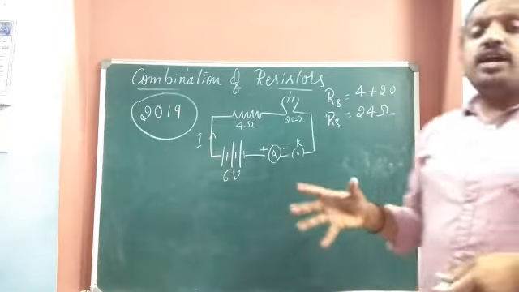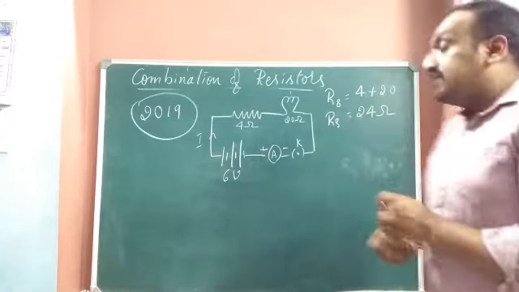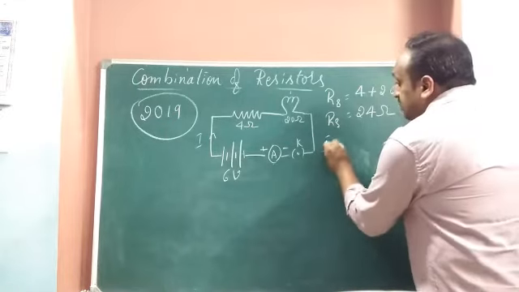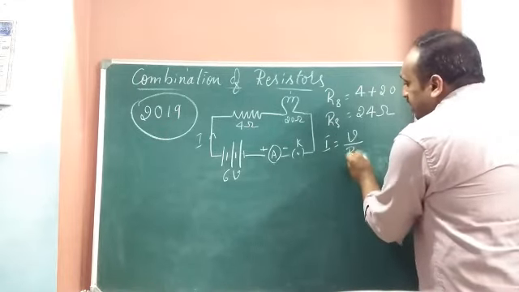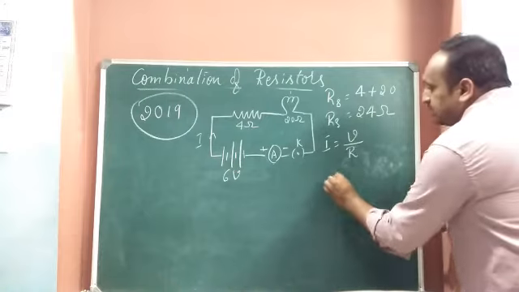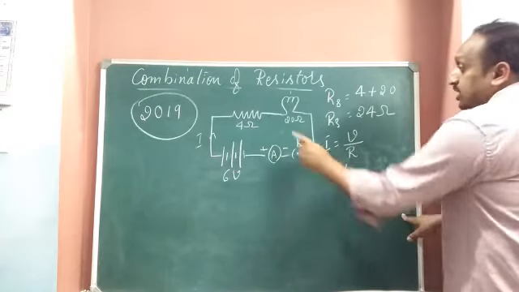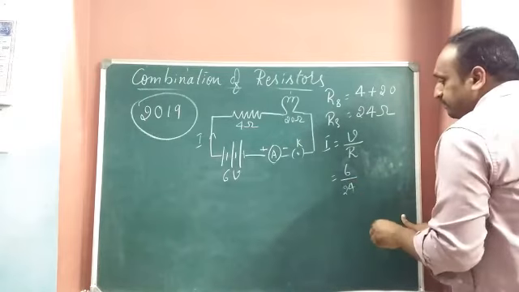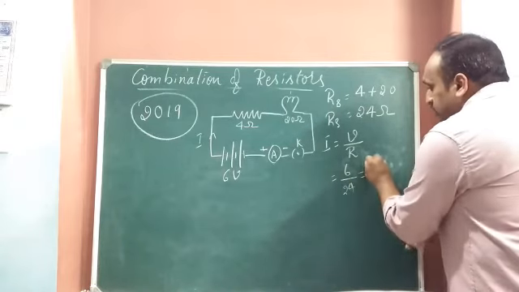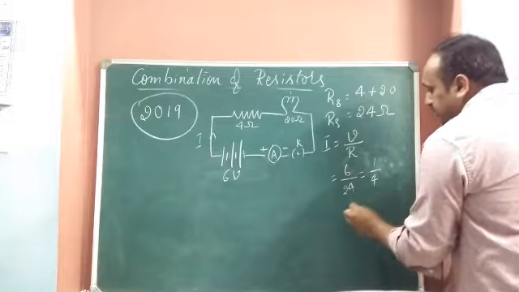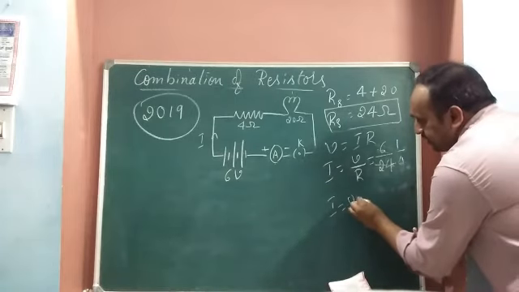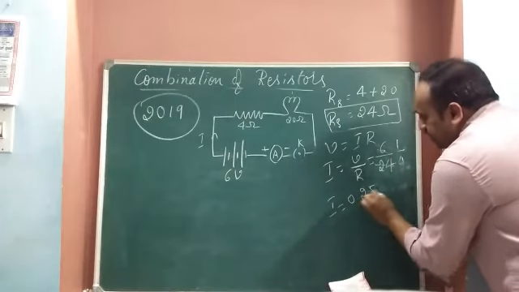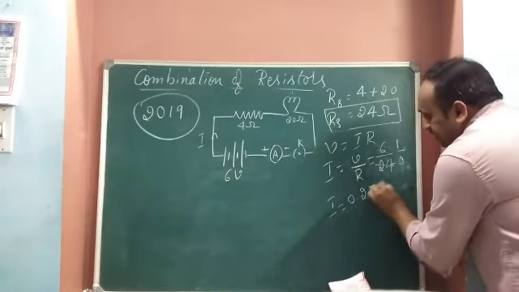Now we need to find the total current, that is I is equal to V divided by R. Substitute the values: 6 divided by, don't use 4 or 20, you are going to use 24. So it will be equal to 1 divided by 4, 0.25, and the unit is A, that is ampere.